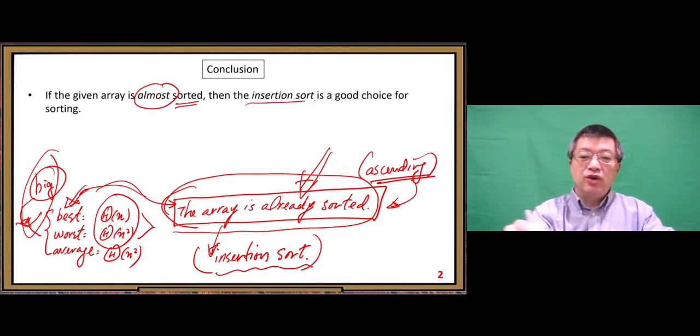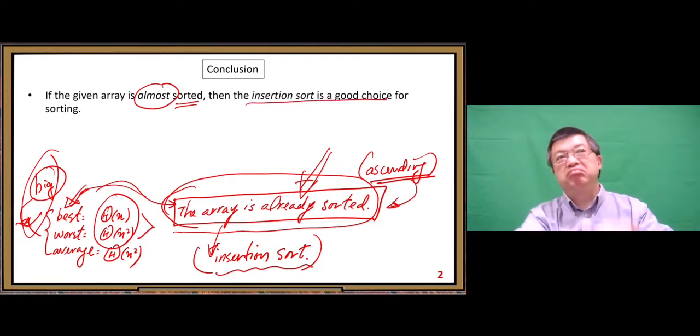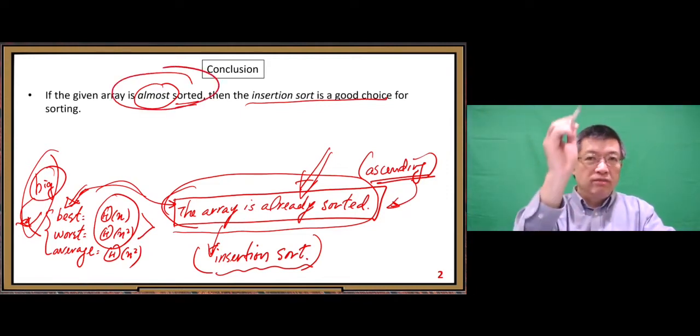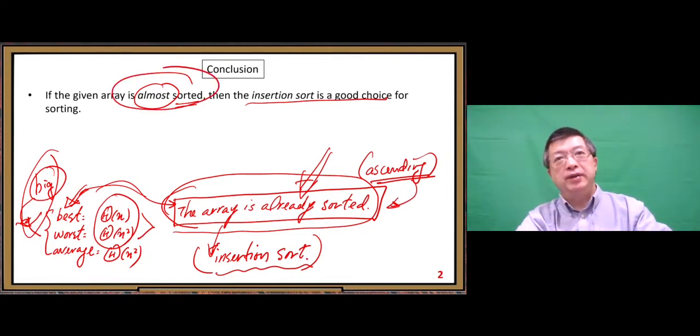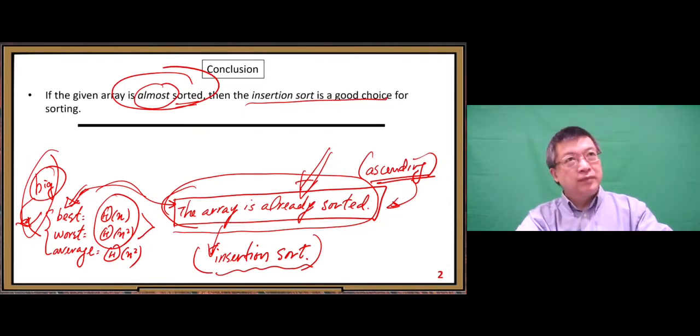The insertion sort in that situation is the best choice. So far, as we know, no other sorting algorithm can do better than insertion sort for this special type of data. If I draw a diagram, I can describe our data has this property.